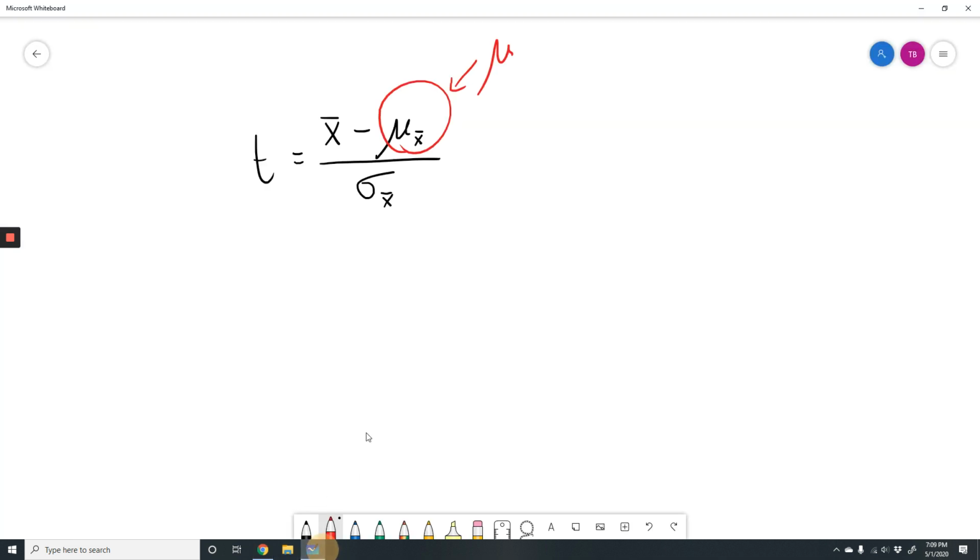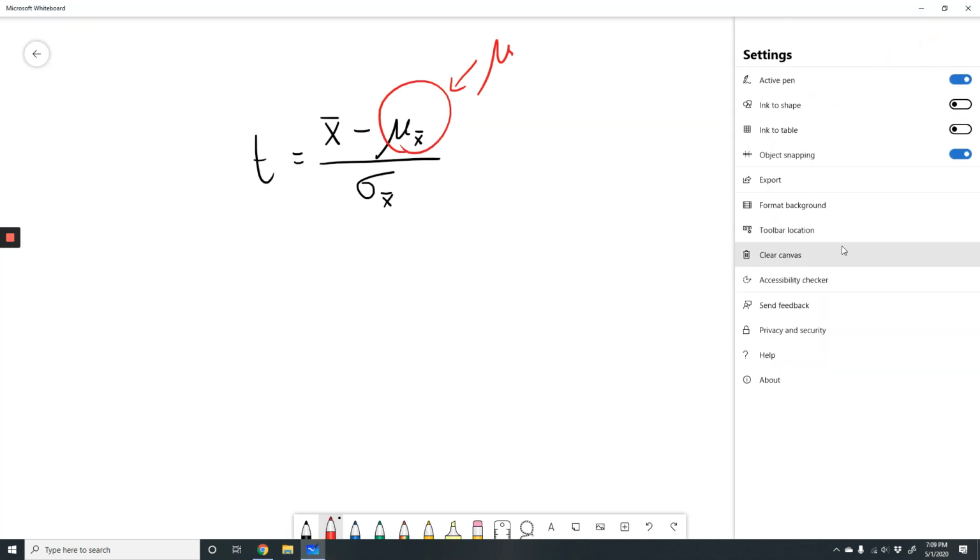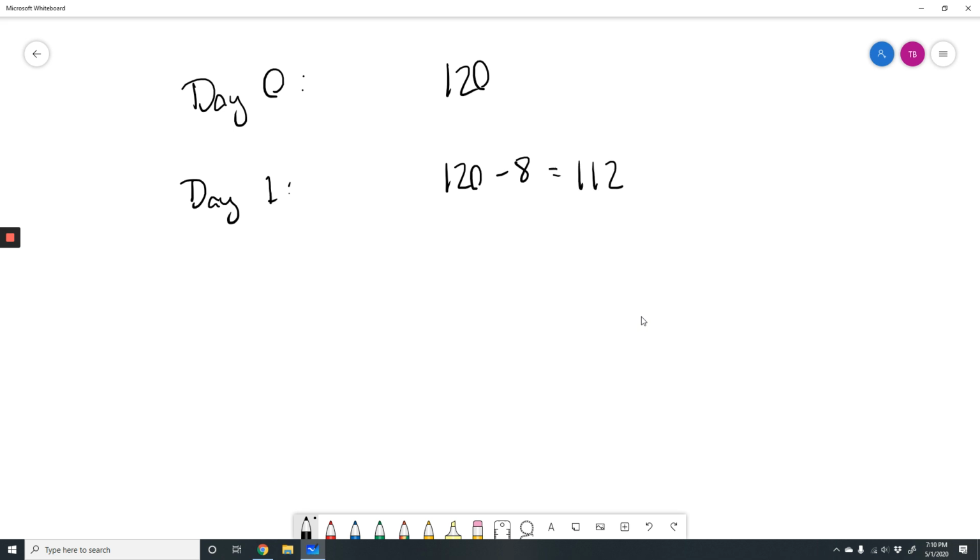So after 1 day, and maybe this will help here. So day 0, we're at 120 tons of waste. After 1 day, we've taken 8 tons out. So we're at 112. After day 2, we've taken another 8 tons out.